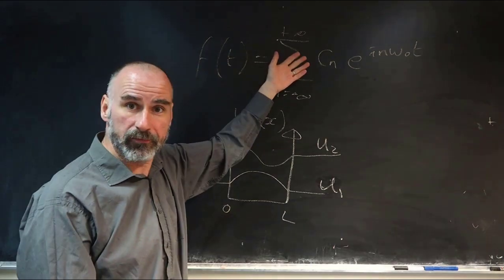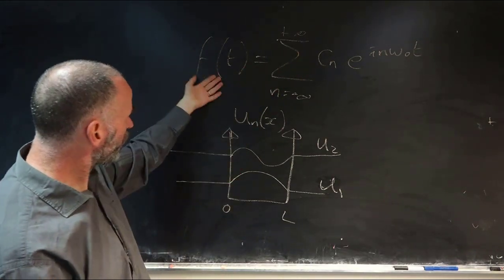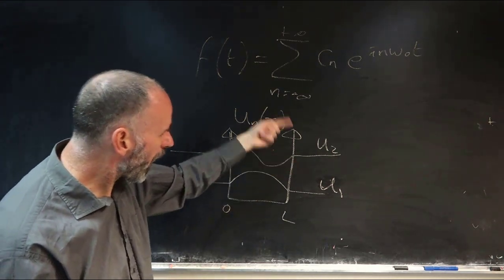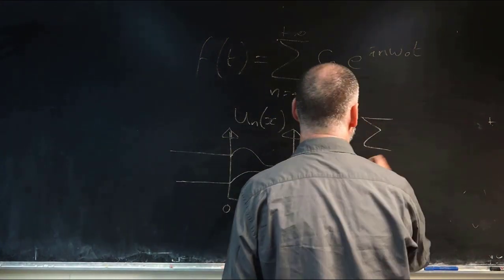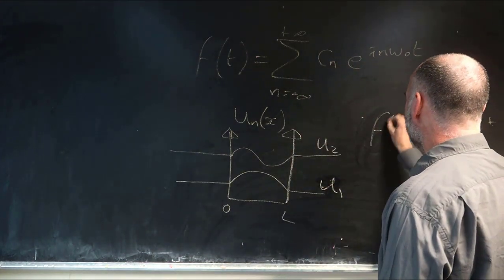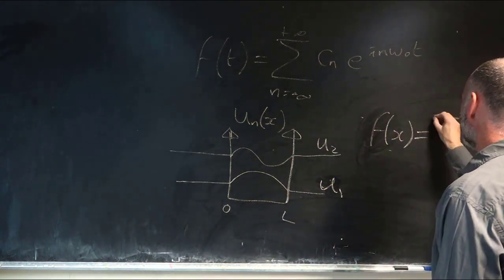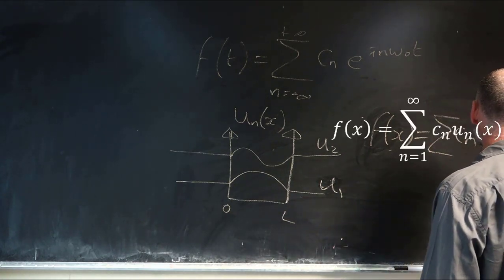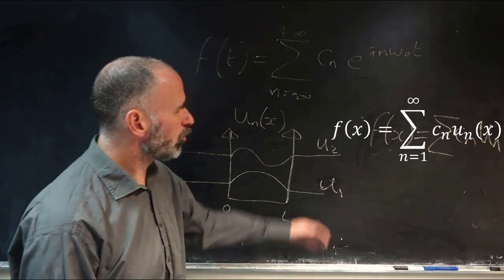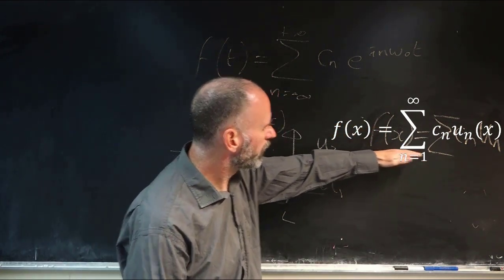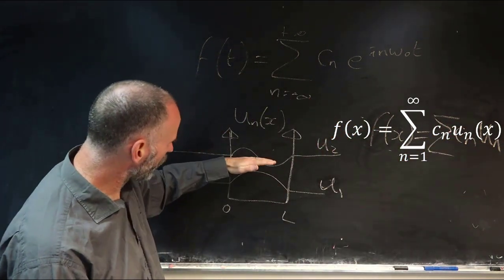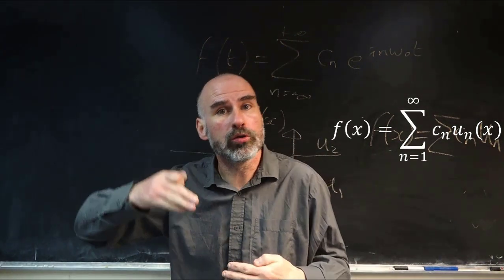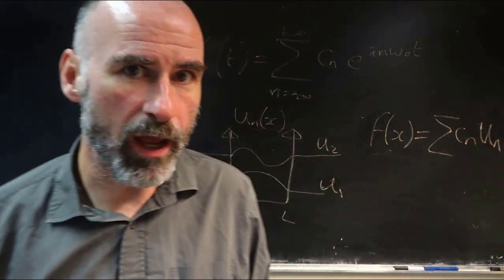We could have the same approach to representing a function, except in this case it would be in terms of x, by adding up, basically, f(x) is equal to the sum of cn un(x). Okay, so we can add up our various different basis functions, which in this case are those standing wave states in the infinite potential well.